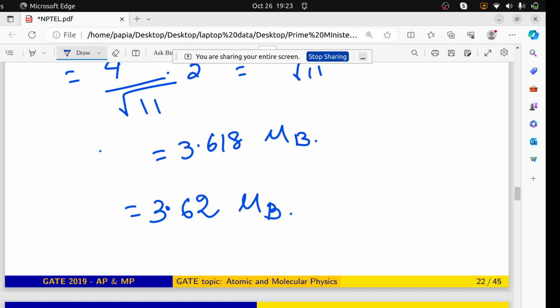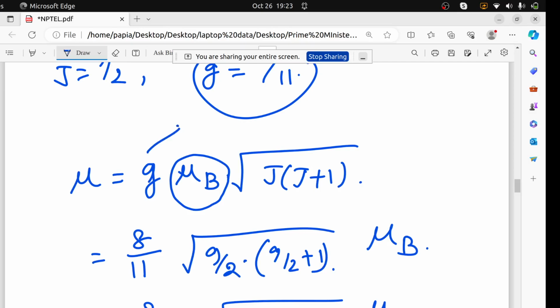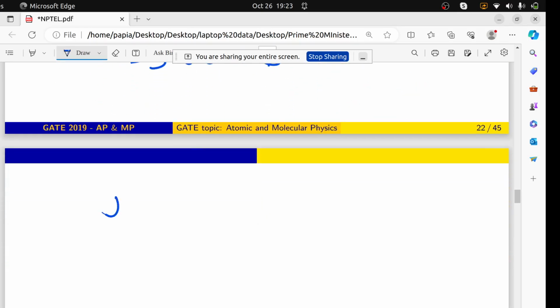That is the answer. So to get the answer, what I have done: G is already given here. I have just calculated only the J value. And how did I get the J value? I got the J value from the combination of L and S. And how did I get the L and S value?